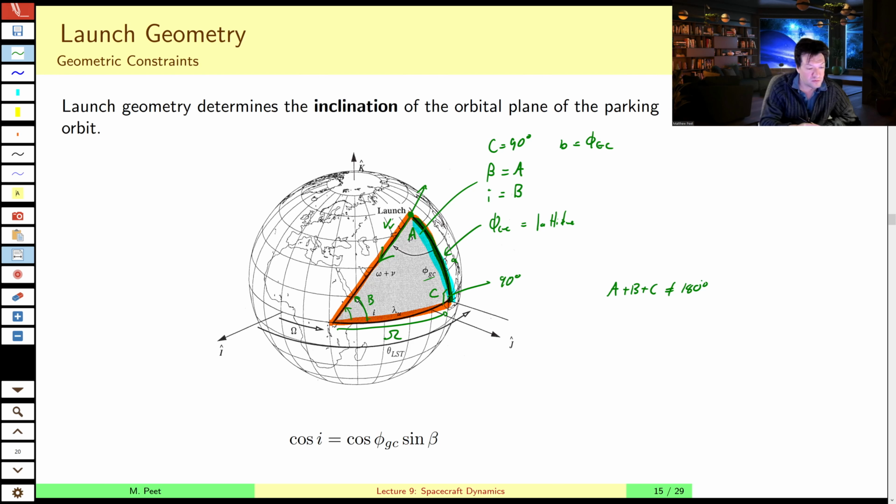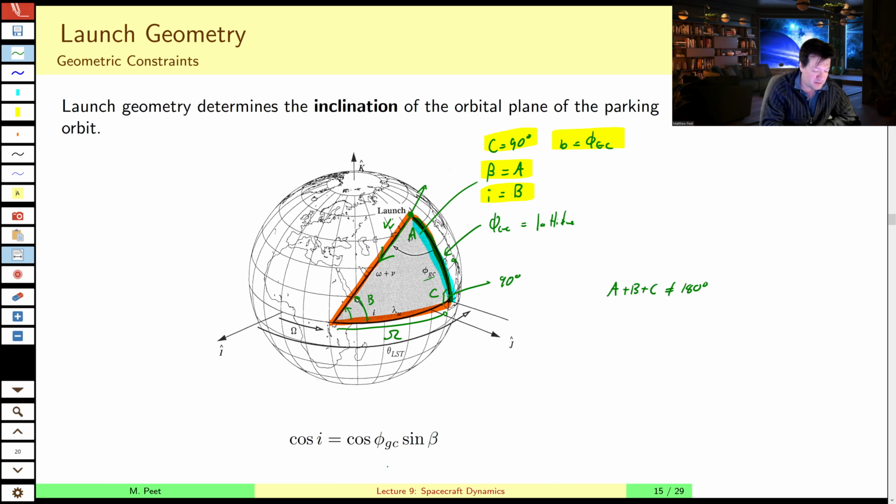So what we've got here now is several terms which we know. We know this arc, we know that's 90 degrees. We know the azimuth, presumably, and we know our desired inclination. So it turns out that is enough information to determine any one of these angles in terms of the other two.